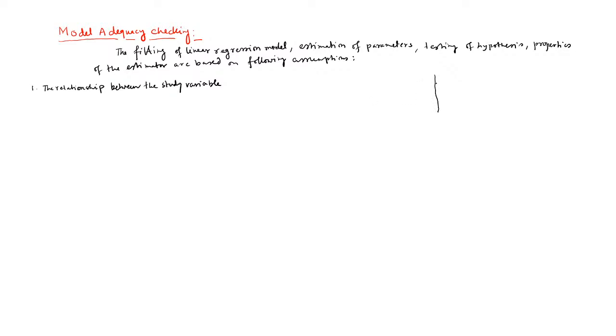Please see the expression of R square. R square means sum of squares due to regression divided by SS due to total.